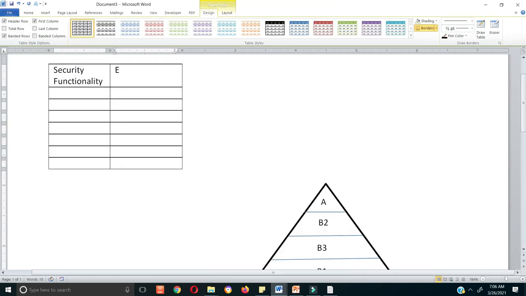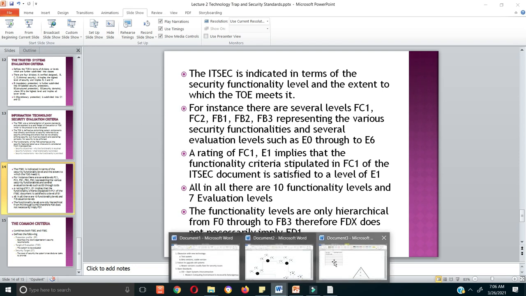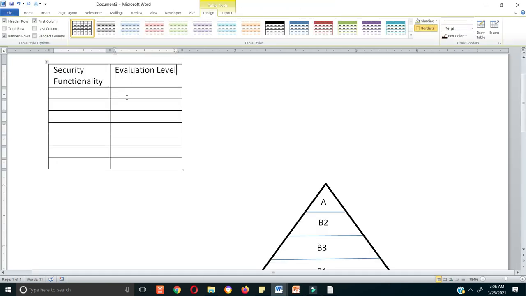So you can have, are they 6 or 7? Let me just have a look and be sure. You actually have 7 evaluation levels, which go from E0 to E6 rather. So for instance, you could have an F.